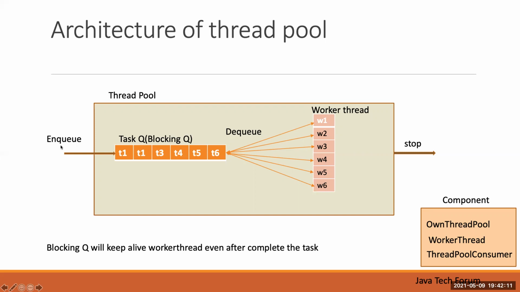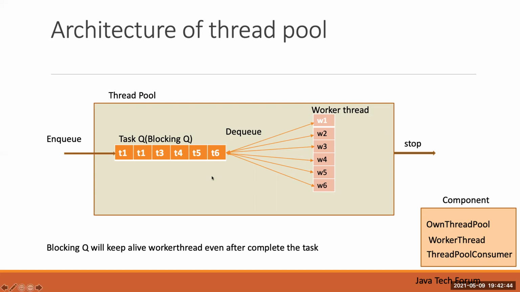Here I'm using one blocking queue to store the tasks, and I'm using one collection, either a list or an array list, to keep the worker threads. Let's say I'm going to create the thread pool, and I'm going to specify that I'll submit five tasks and a maximum of 10 threads.